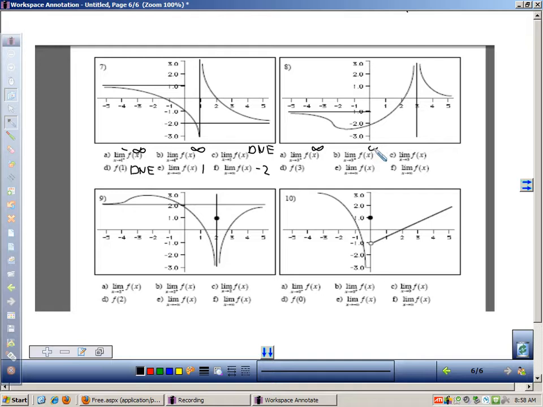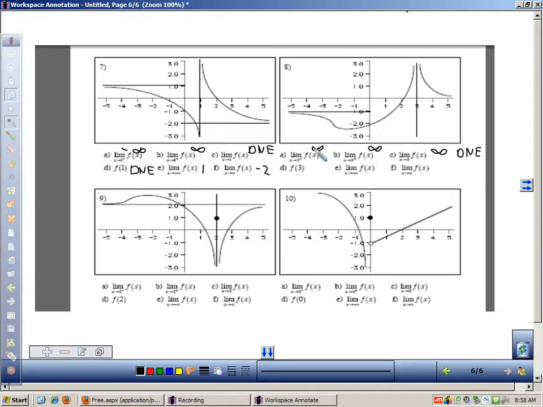We could say infinity. So we could also say, to go along with what Alex asked, we could say the limit does not exist because it goes to positive infinity. The limit as x approaches 3, is it the same from the right and the left? It is the same. So we could say the limit is infinity. And it would not be incorrect to say the limit does not exist. Either one of those is correct.